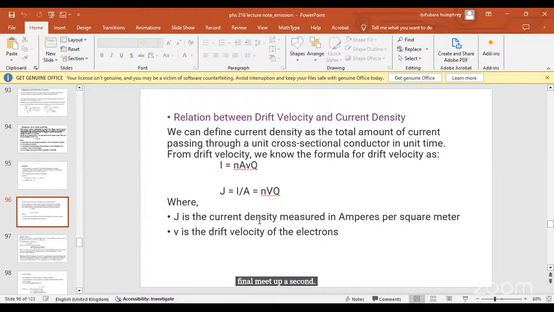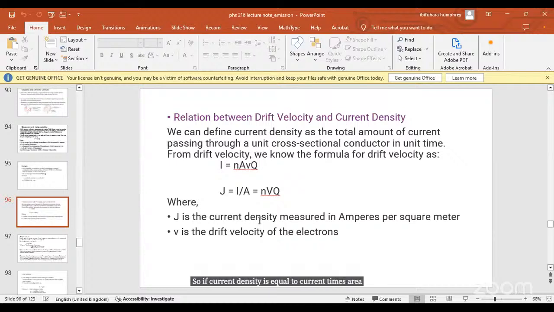Now, the relationship between drift velocity and current density. Remember, we did this under the Richardson-Dushman equation. Current density is equal to current over area.